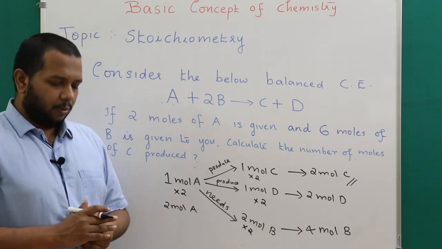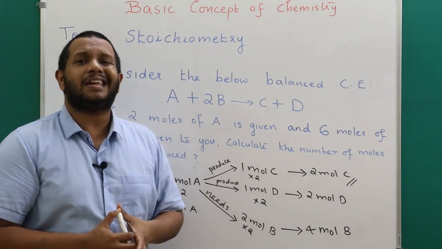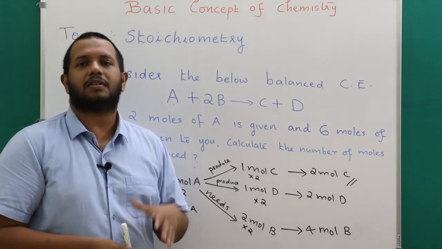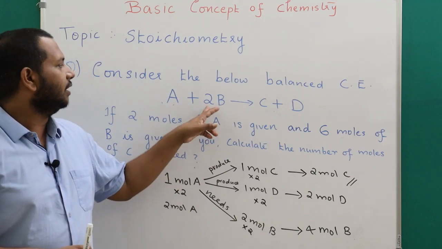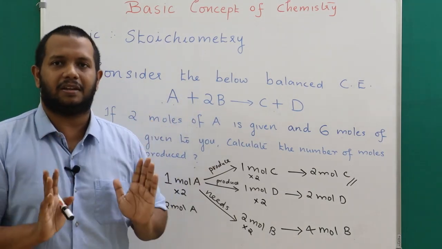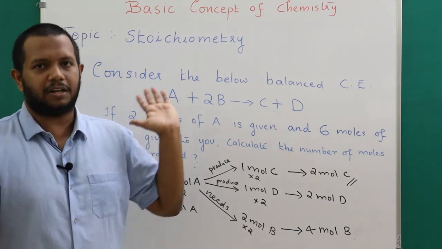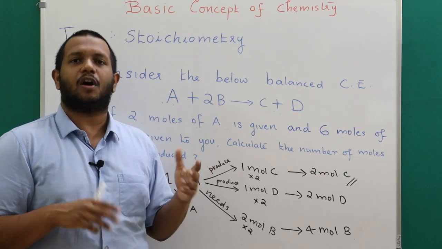Understood? Now suppose they ask you to calculate only the remaining reactants. I know the limiting reagent is A, so A will not be remaining. Correct. Limiting reagent means it will be completely used up. So which other reactant is remaining? B. How much is remaining?